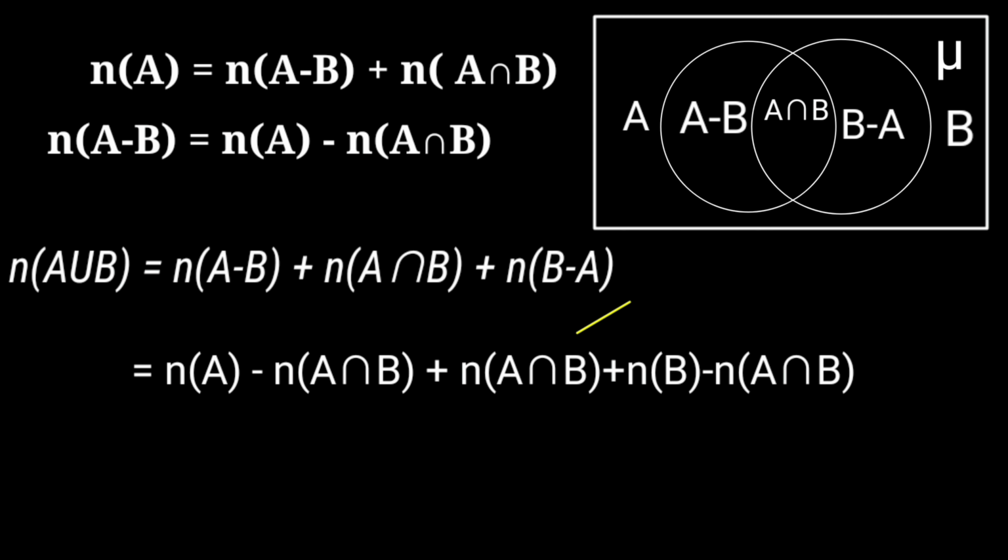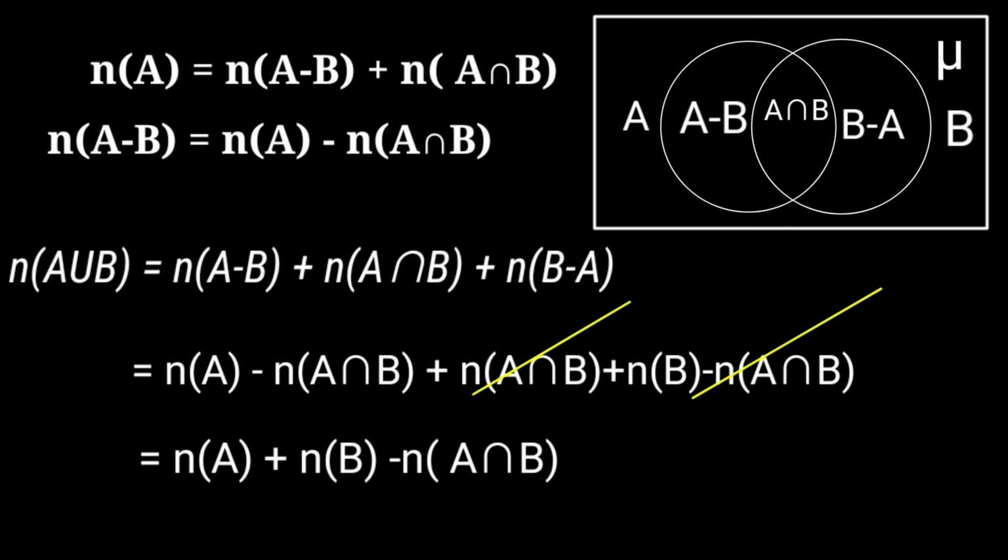If you cancel plus n(A intersection B) and minus n(A intersection B), you will get the relation n(A) plus n(B) minus n(A intersection B). This is the relation between the cardinal numbers of the sets A, B, A union B and A intersection B.